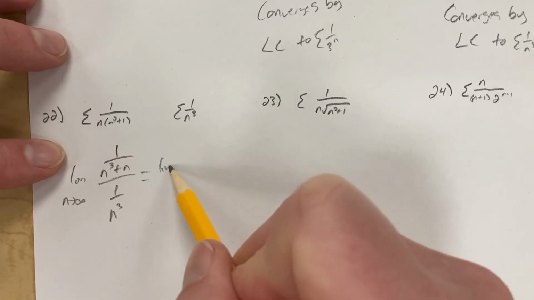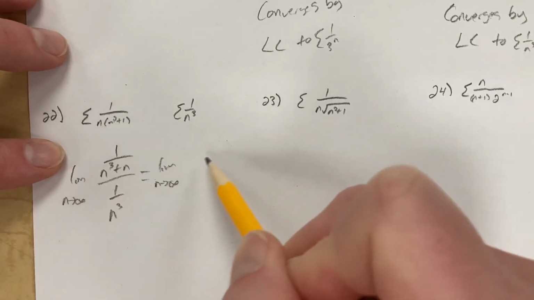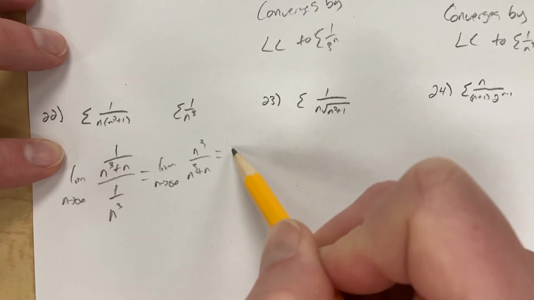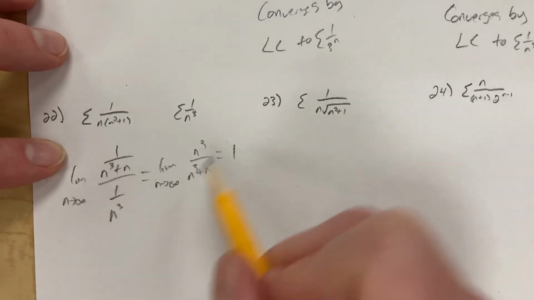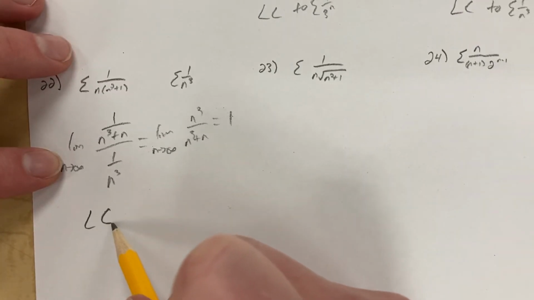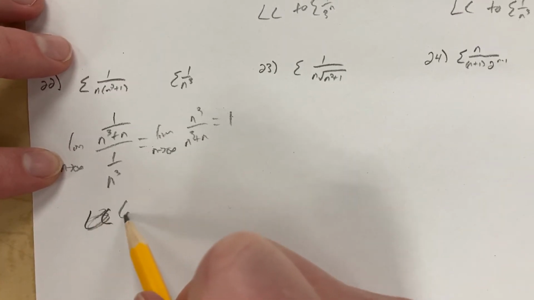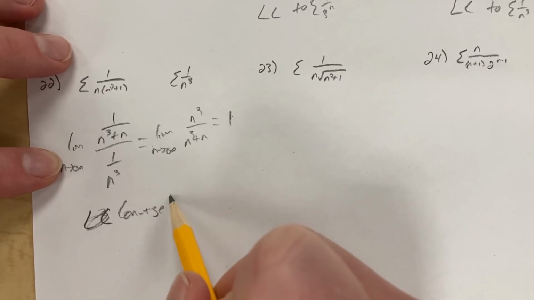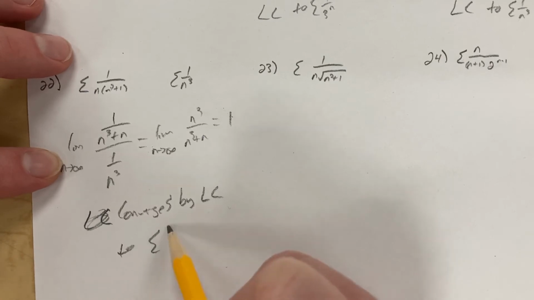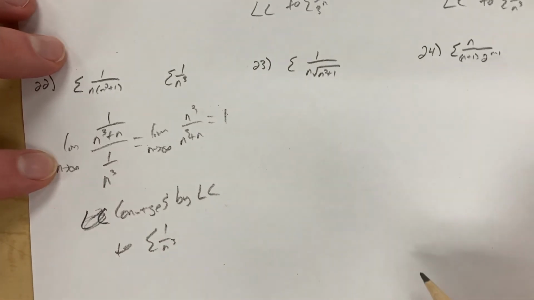So that's going to be the limit as n goes to infinity of n cubed over n cubed plus n, which equals 1. So again, I got an answer that's not 0 or infinity. So this converges by limit comparison to 1 over n cubed.